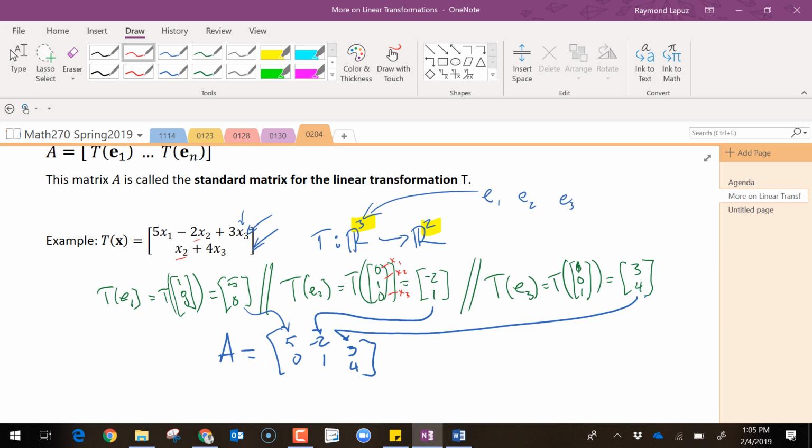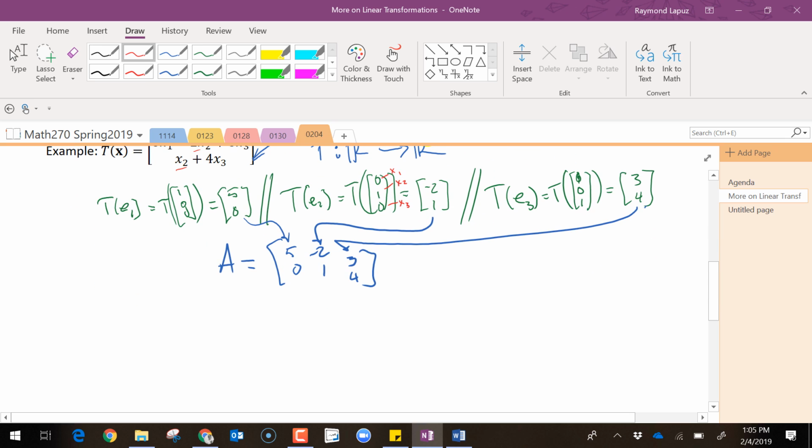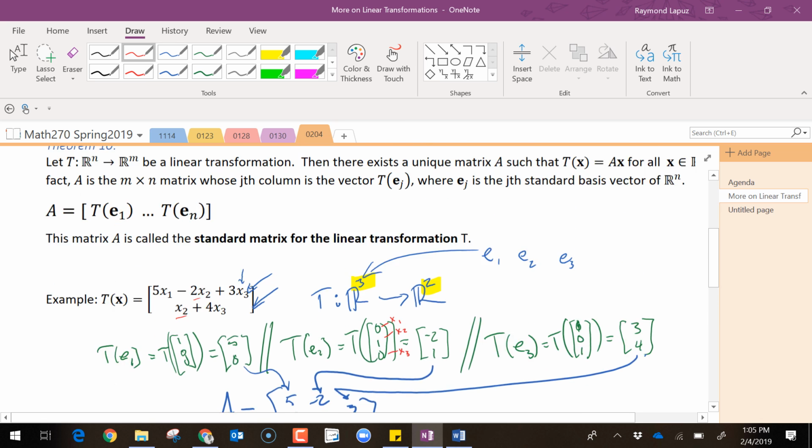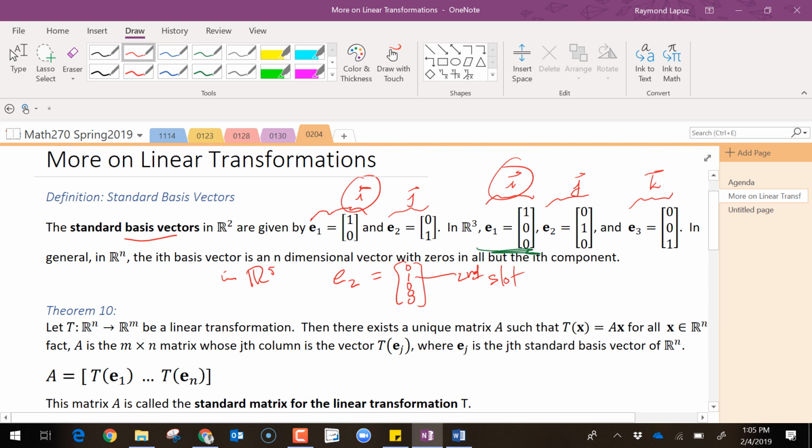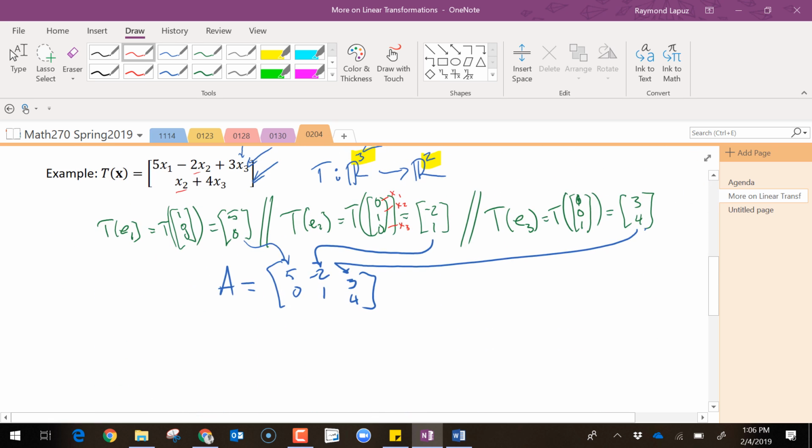So like I said, later we'll talk about changing basis. So this is the basis vector set that we have, the standard basis vectors, right? If we change the basis vectors to not be 1, 0, 0, 0, 1, 0, and 0, 0, 1, then we're going to have a different matrix.